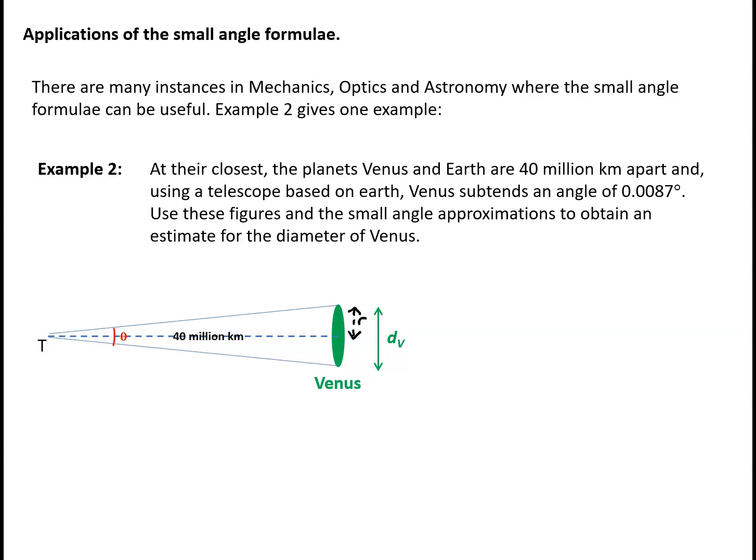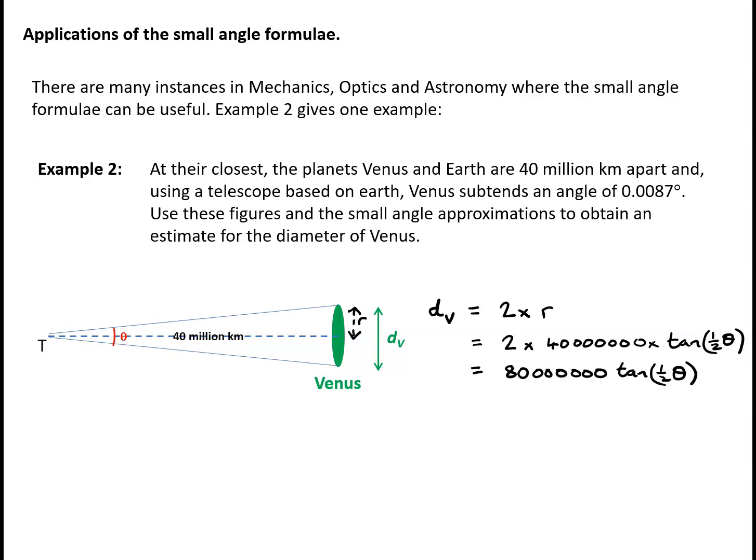If we start off with just the radius of the planet Venus, then we can certainly say that dv is 2 times r. Using right-angled triangle work, r will be 40 million times the tan of a half theta. So dv is 2 times 40 million times tan a half theta, in other words 80 million times tan a half theta.